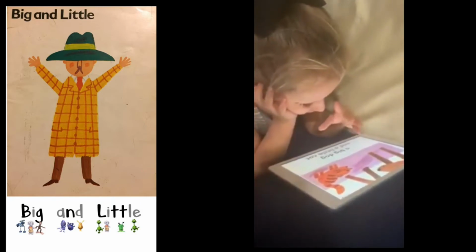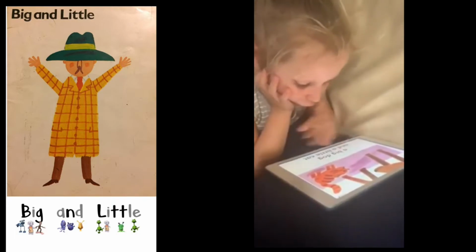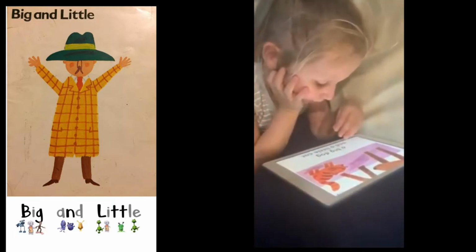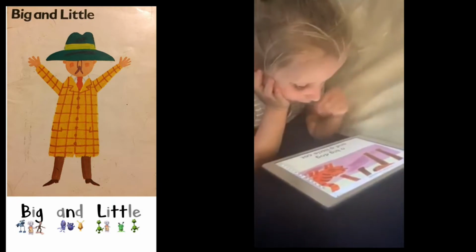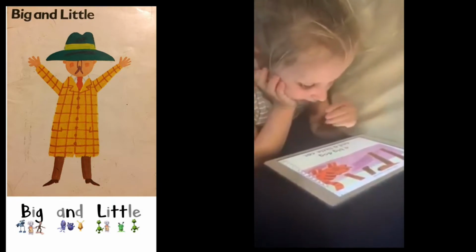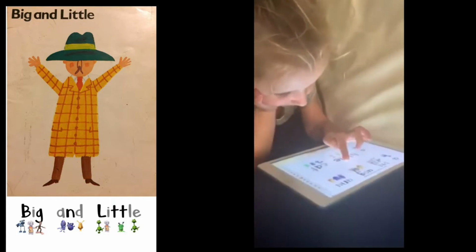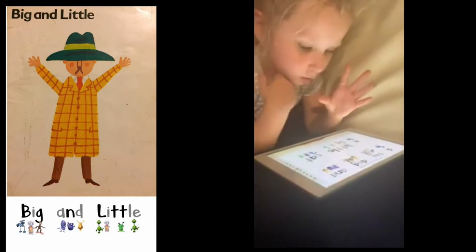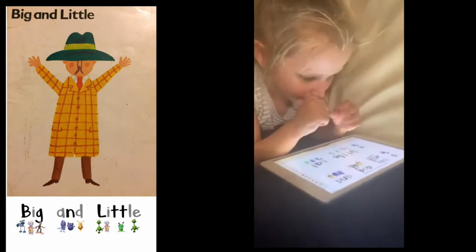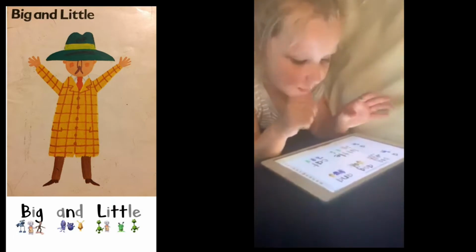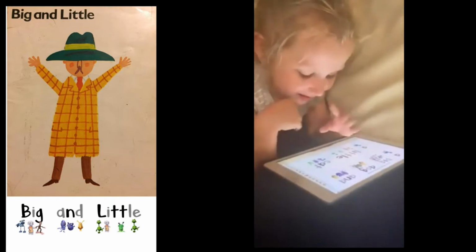A big dog. And it's a little cat. Good. A big dog and a little cat.